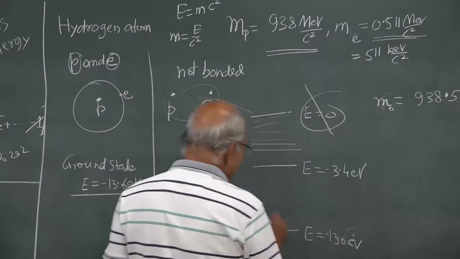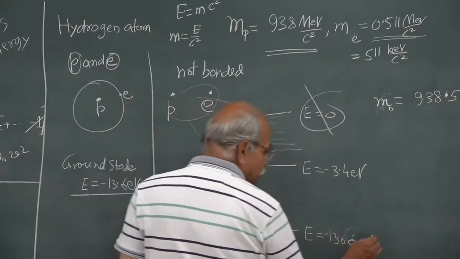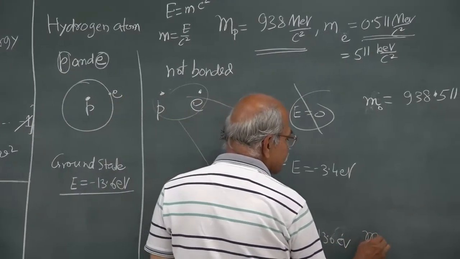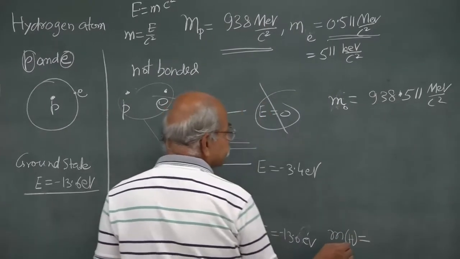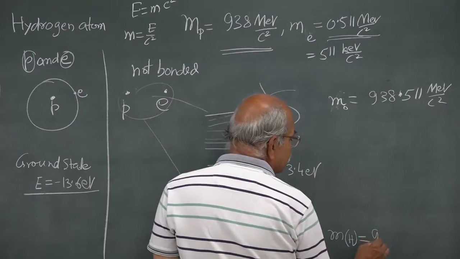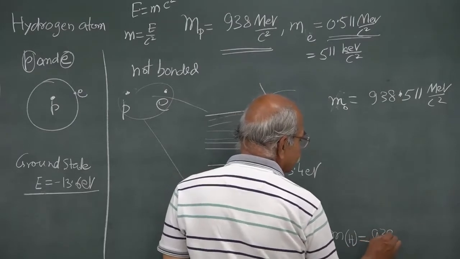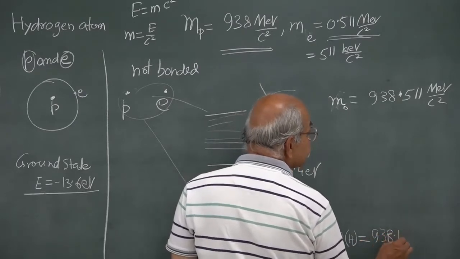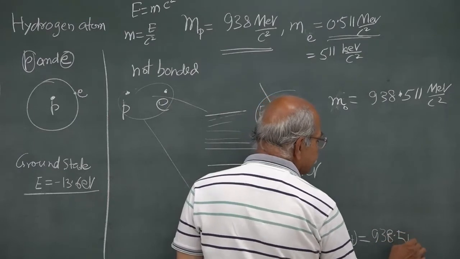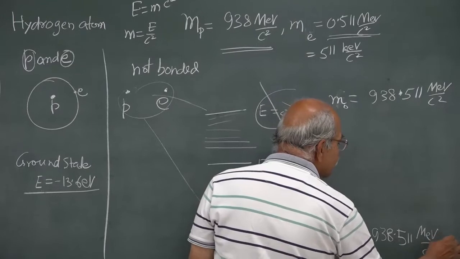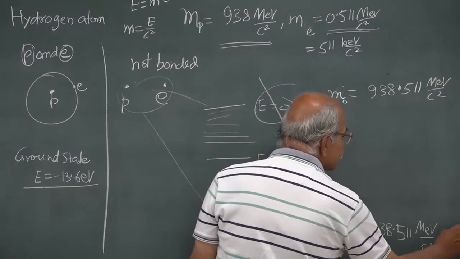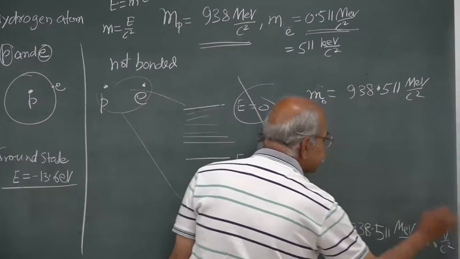Here, when it is a hydrogen atom in the ground state, the rest mass of hydrogen is 938.511 MeV by C square minus 13.6 eV by C square.